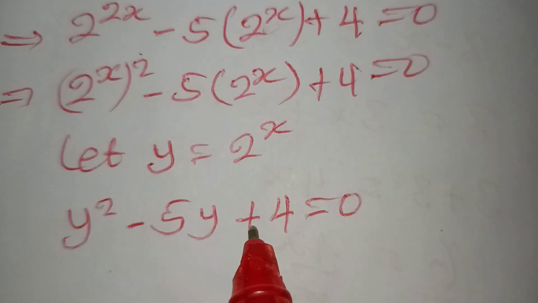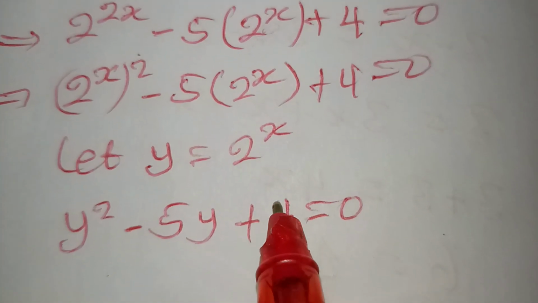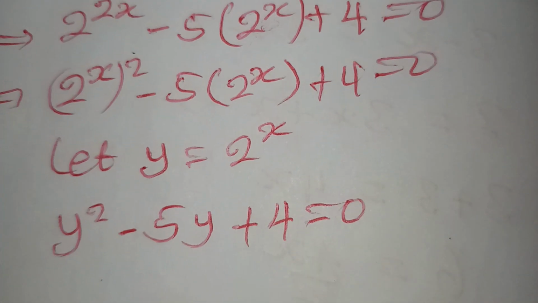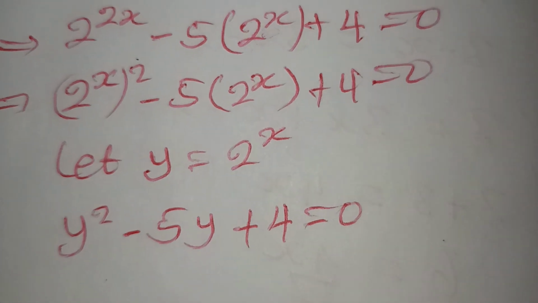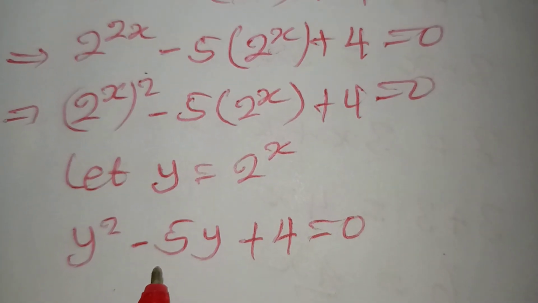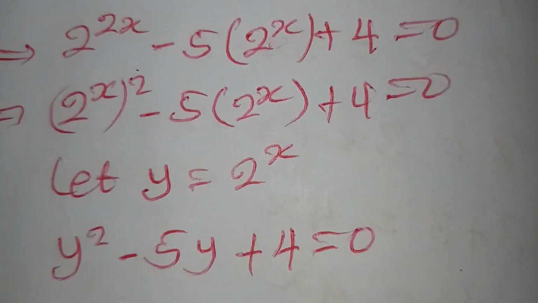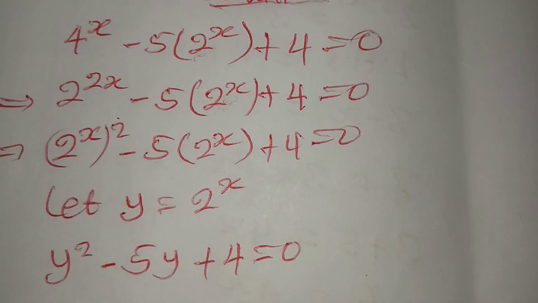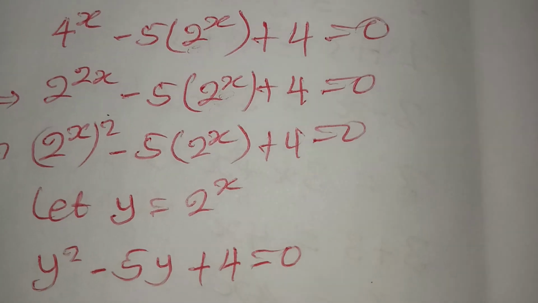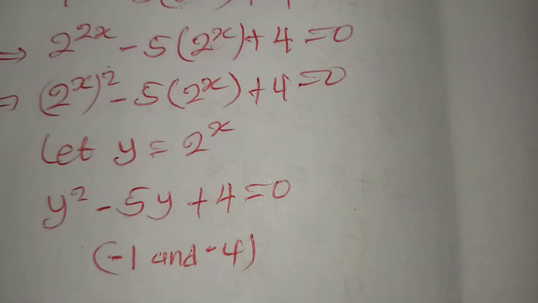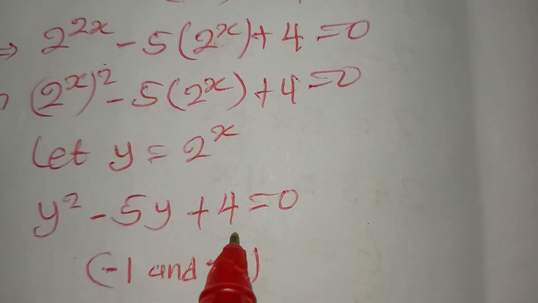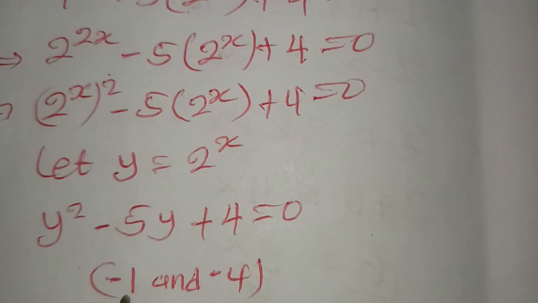We look for two factors that multiply to give 4 and when added give -5. The two factors are -1 and -4, because -1 times -4 gives +4, and when we add them we get -5.